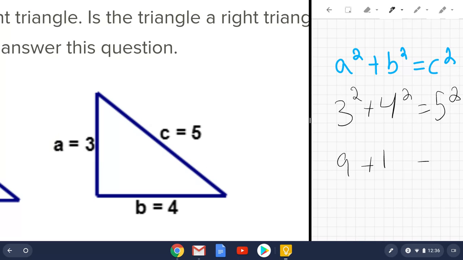Now, what is 5 times 5? What is 5 squared? It is 25. So is it true that 9 plus 16 equals 25? It is true. So this triangle right here, guys, is truly a right triangle.